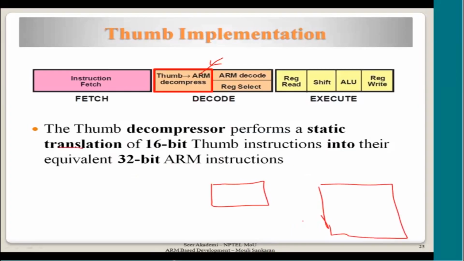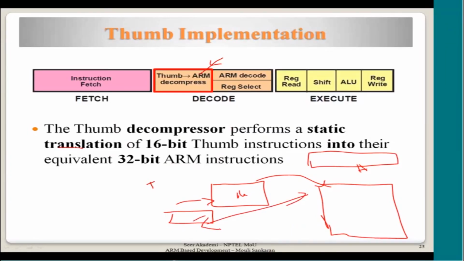What I mean by this is that the translation is not going to modify anything. As soon as the 16-bit instruction comes, every pattern of a 16-bit Thumb state instruction has a fixed pattern in ARM state, and they convert it into the 32-bit ARM state format. There is a direct one-to-one mapping. That is what I call a static translation.